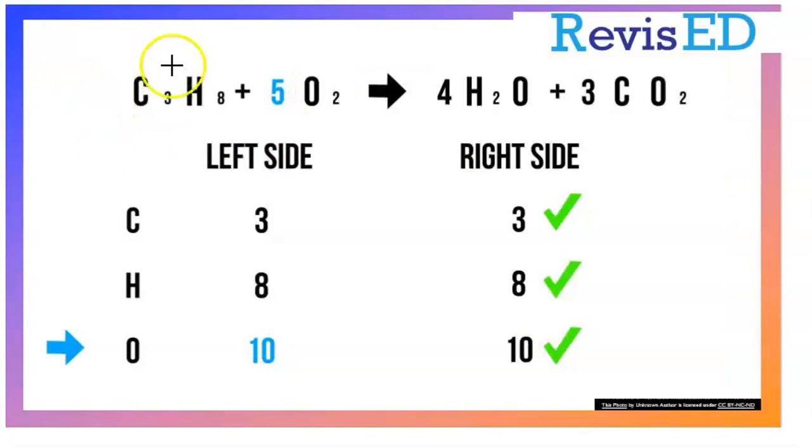Next, see the example. What we have to do: first find what elements we have, then the numbers of them, and then balance from the left to the right hand side. If there are 3 carbons here, then there should be 3 carbons on the right hand side too. There are 8 hydrogens on the left hand side, so there should be 8 hydrogens on the right hand side too, right?